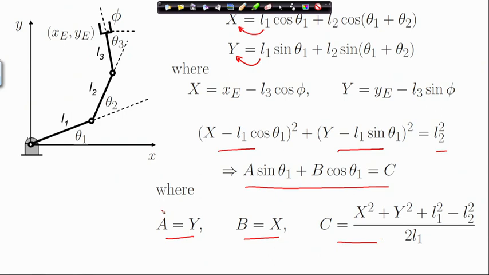So, we know a, b and c because this X and Y are known to us: x e phi, y e phi. So, these are all known to us. So, capital X, capital Y are known, therefore, a and b are known. So, we are left with the only unknown theta 1 in this equation, which we can solve. So, that will give us the solution of theta 1. What about theta 2?